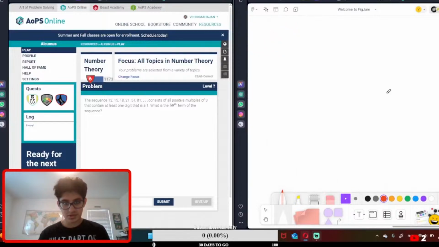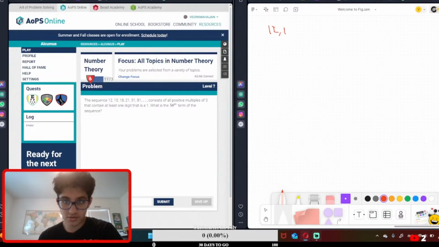Okay, so first one. The sequence 12, 15, 18, 21, and so on consists of all positive multiples of 3 that contain at least one digit that's a 1. What's the 50th term of the sequence? Okay, so after 81, the next one that has a 1 in it won't be 91, it'll be 102.